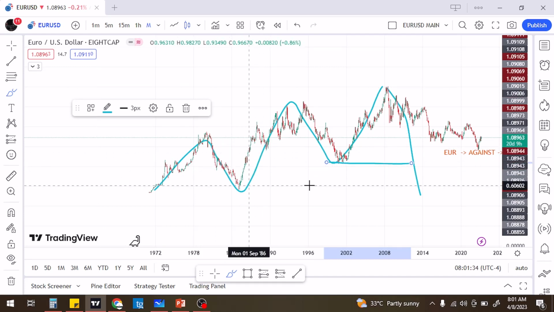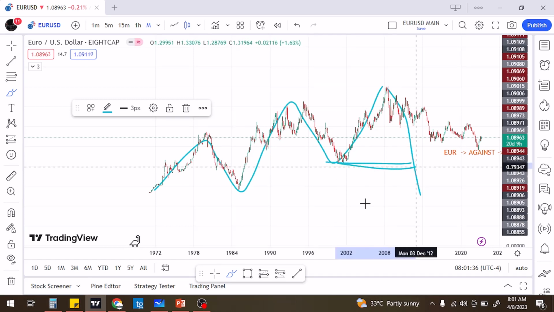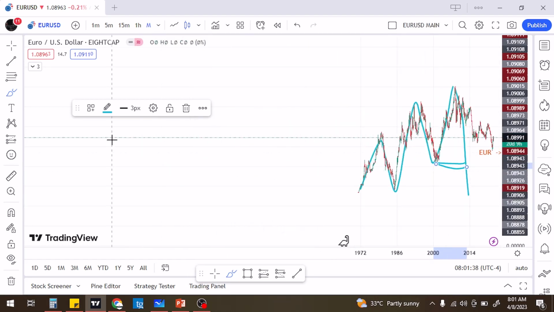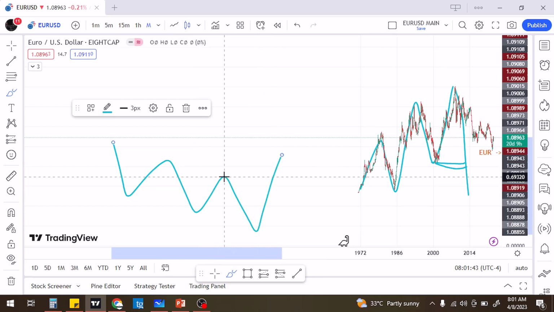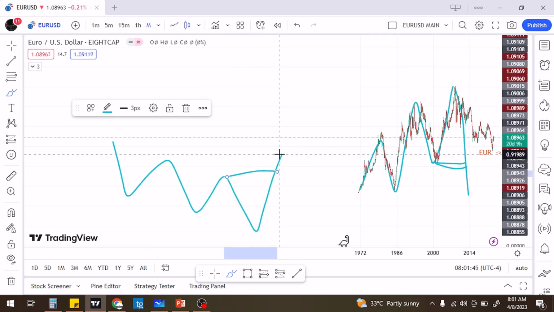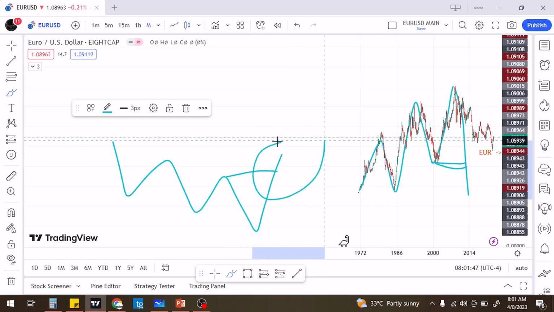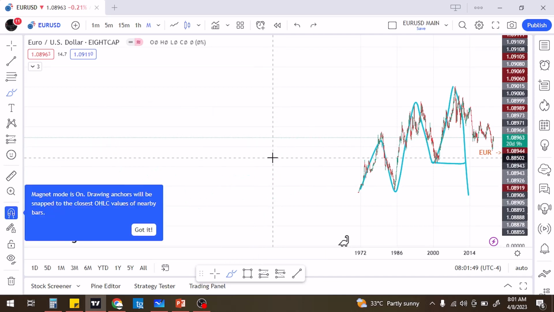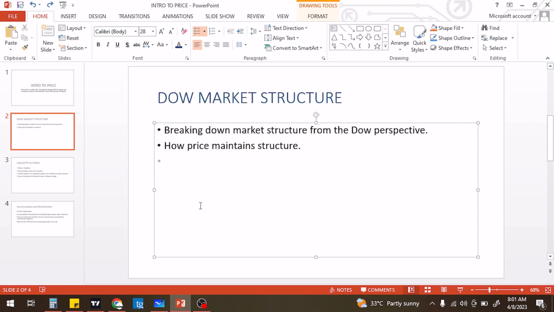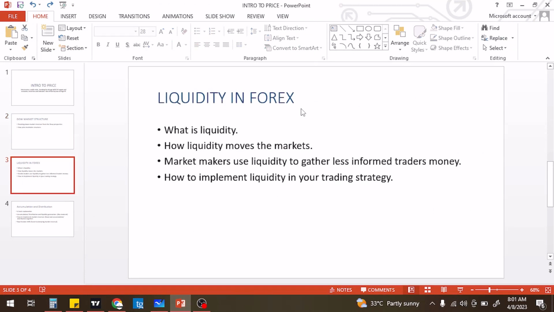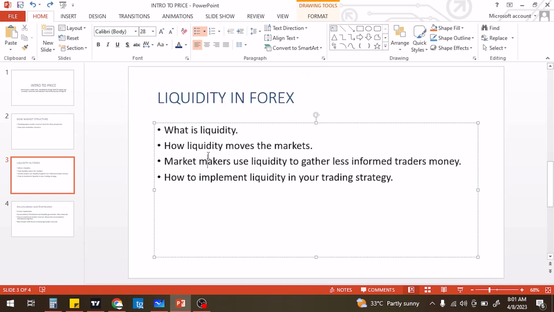So this is the Dow structure, and a Dow structure break is this. And if it was a downtrend, low, high, low, high, low, and it manages to break the previous high, this is a break of structure according to the Dow structure teaching. So that's basically what Dow structure means. If you don't know what it means, that is it.